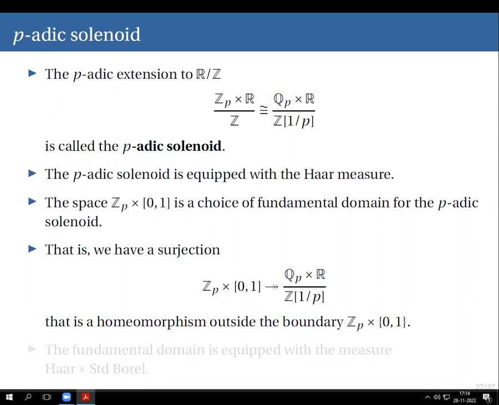This fundamental domain surjects onto the p-adic solenoid, and it's a homeomorphism outside the boundary, which is Z_p cross {0,1}. The fundamental domain also has a measure: the Haar measure on Z_p and the Borel measure on [0,1].